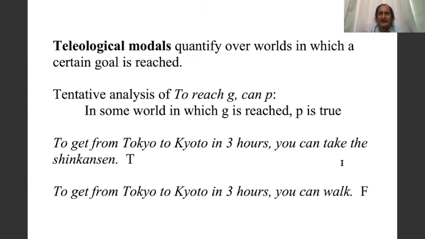Our broad outline is a tentative analysis. It says to reach a goal G, you can do P. Or to reach G, can P, this is an abbreviation. Okay. It says in some world in which G is reached, P is true.